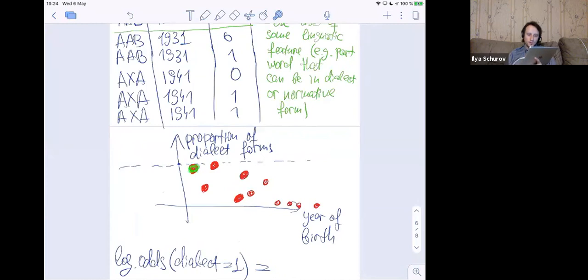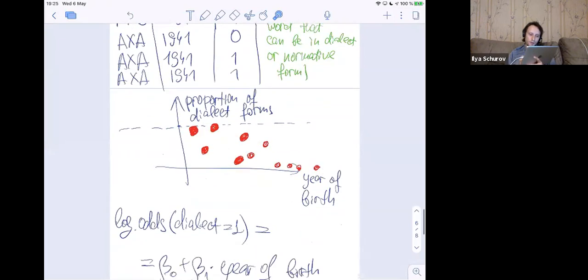If these bold dots correspond to the case when we have a lot of usage of this particular feature from a particular informant, then it is almost impossible, if we believe in the logistic model, to see this picture, because in the logistic model we assume that we have some curve that gives us probabilities, and if the value of this curve is somewhere here, it is almost impossible to get a point here.